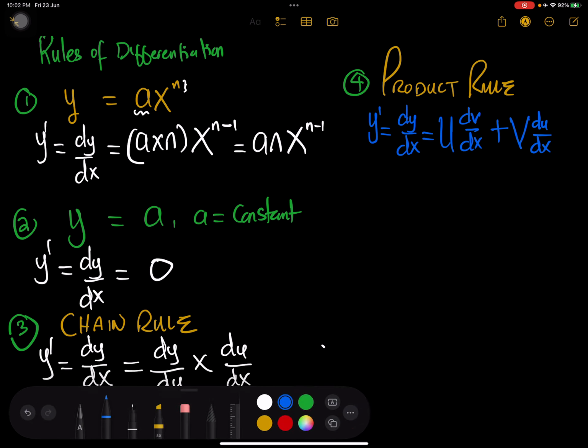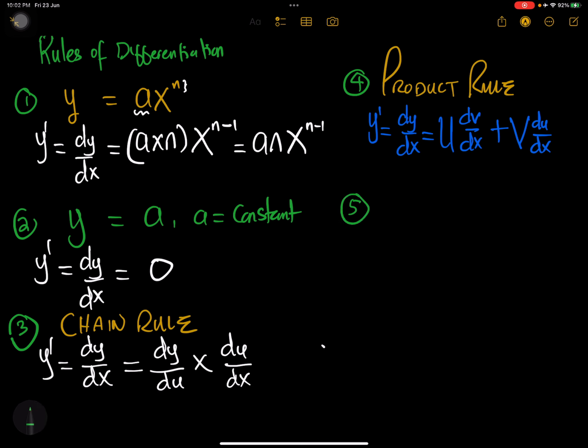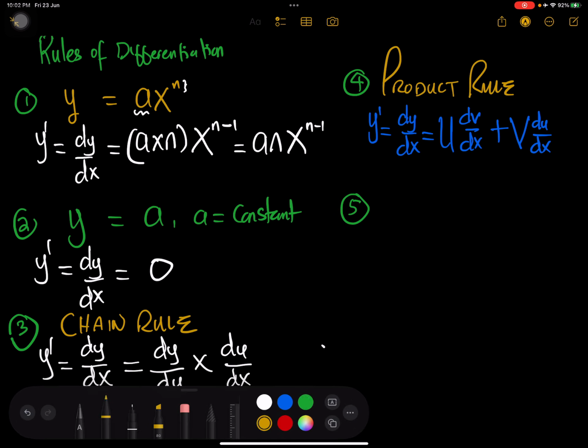Now the last rule is what we call the quotient rule. So we have the fifth one, known as the quotient rule.